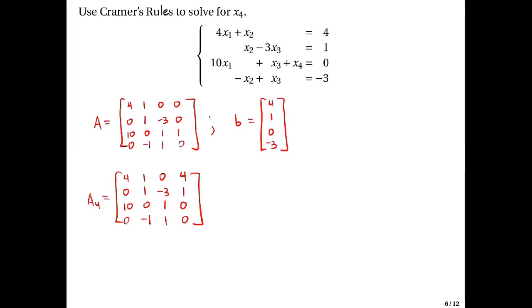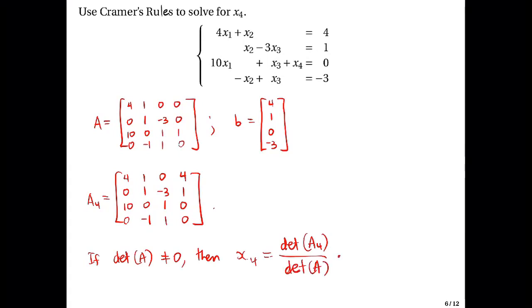Therefore, if determinant of A is not equal to 0, then x sub 4 is simply determinant of A sub 4 divided by determinant of A.